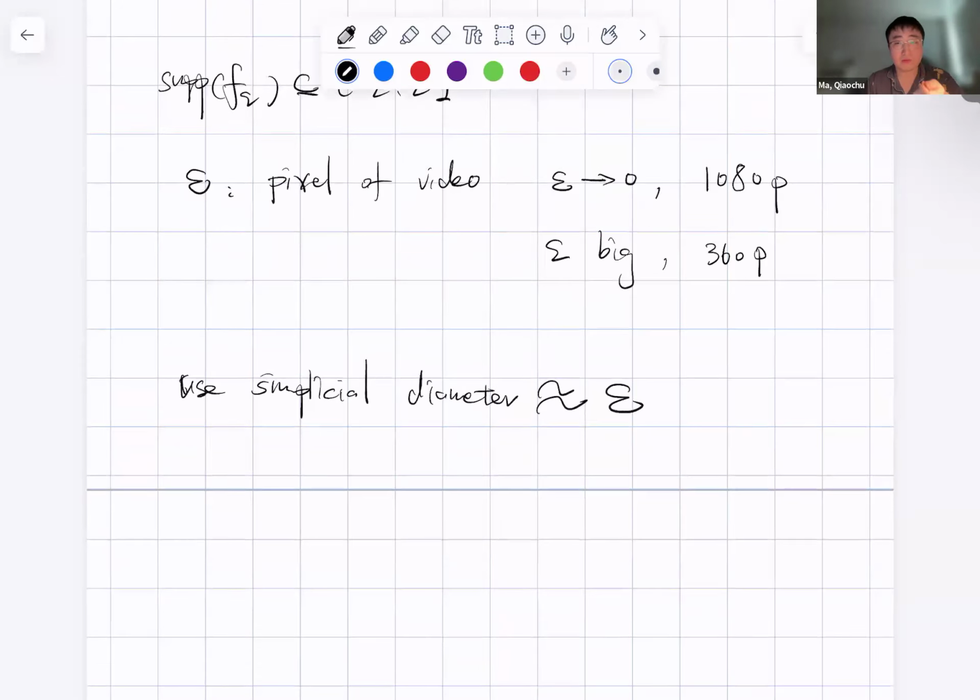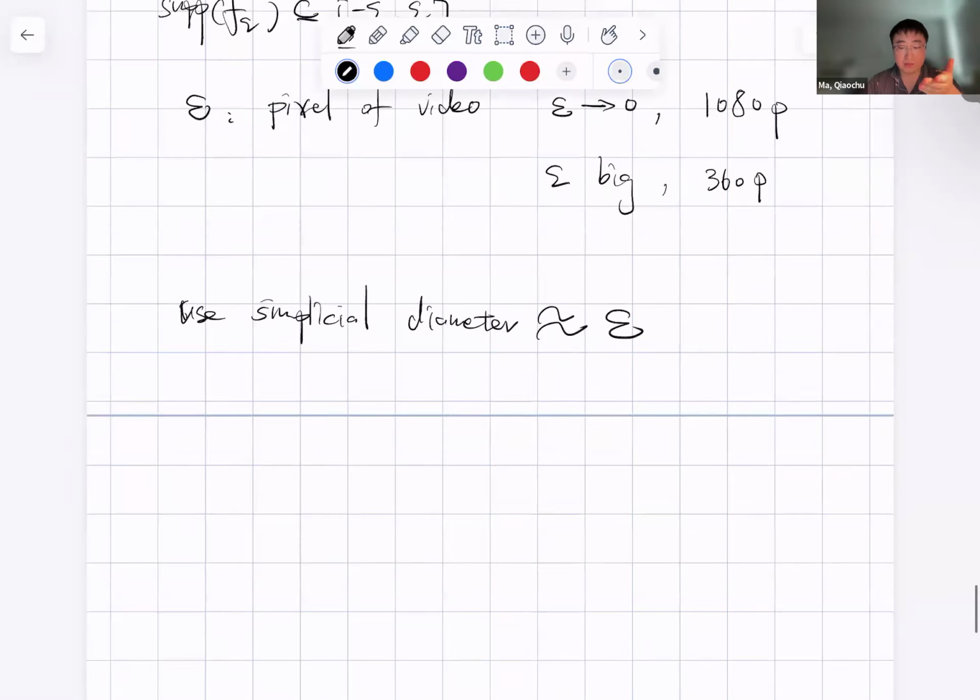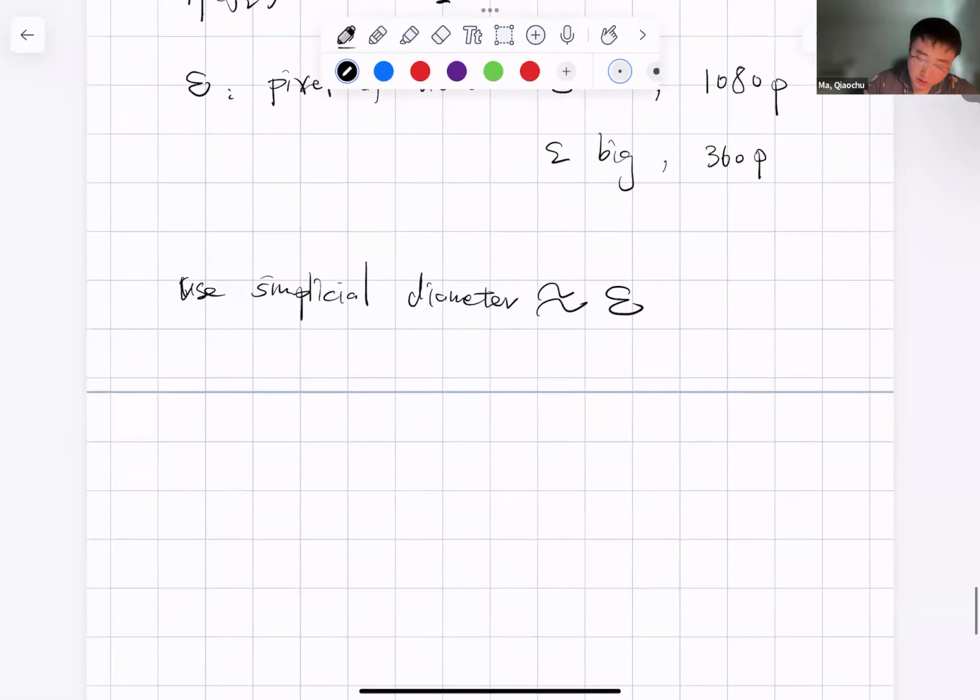And when epsilon is very small, you can imagine you recover the homological information, but we don't want this infinitesimal. We want a quantity.